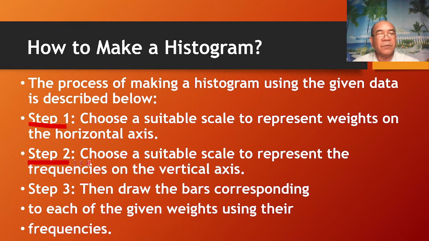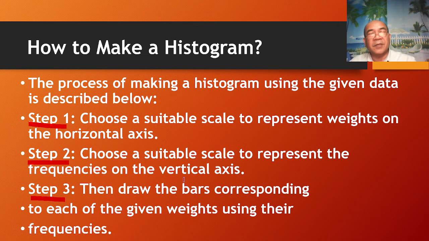Step number two, choose a suitable scale to represent the frequencies on the vertical axis. Step number three, then draw the bars corresponding to each of the given weights using their frequencies. So there are only three steps in creating a histogram.